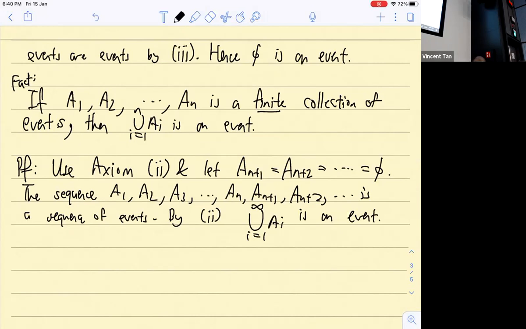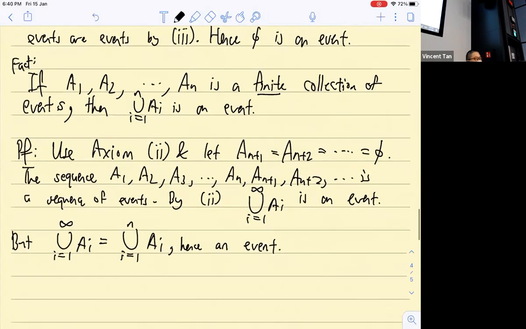By 2, this is an event, but the infinite union equals the finite union, because everything else is the empty set. And hence, this is an event. Clear? So there's no jumping around.